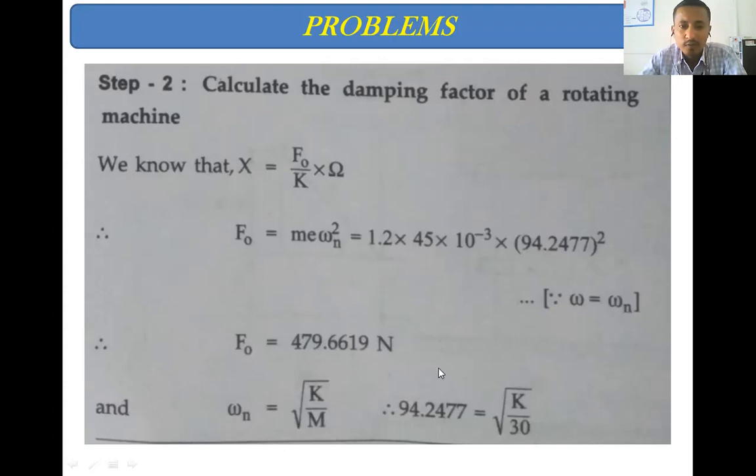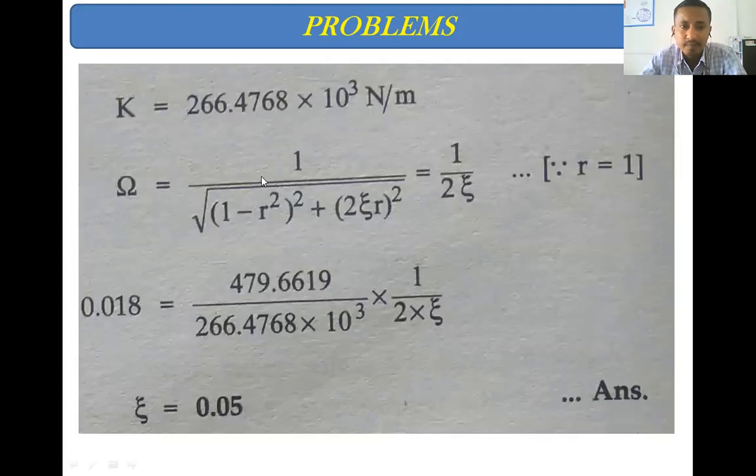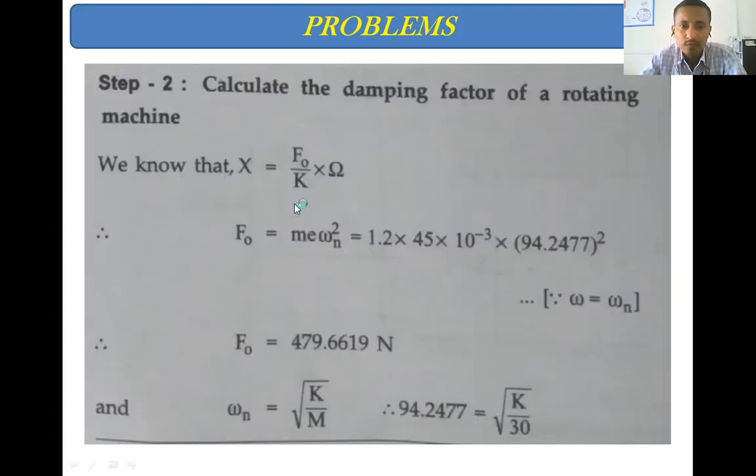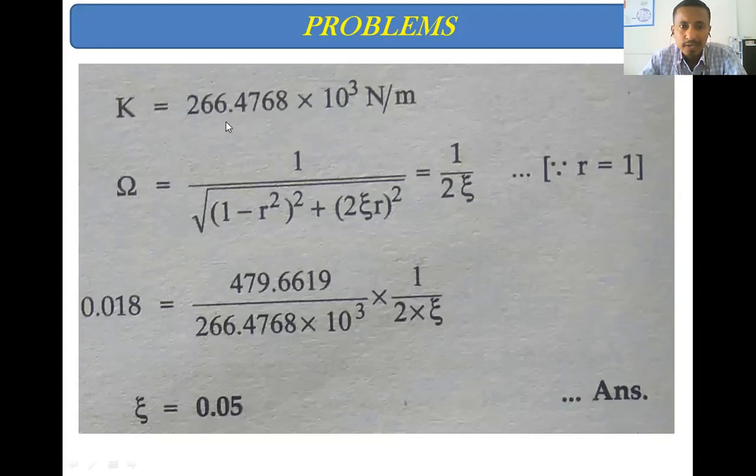We calculate F naught and k because we have to use this formula. If you simplify this equation, we get the value of k as 266.4768 into 10⁻³, with unit Newton per meter.